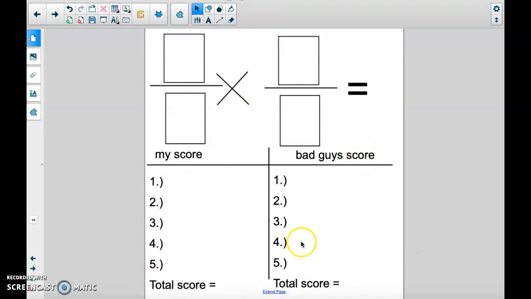Okay, so let's say I were given the cards 3, 4, 5, 6, or 7. Couple different ways that you could do this, right? So one way I could do is, all right, I'm going to go 3/5 times 4/7. Okay.